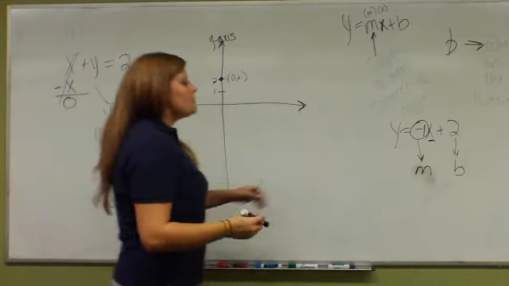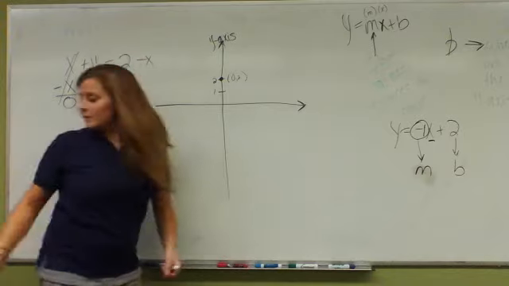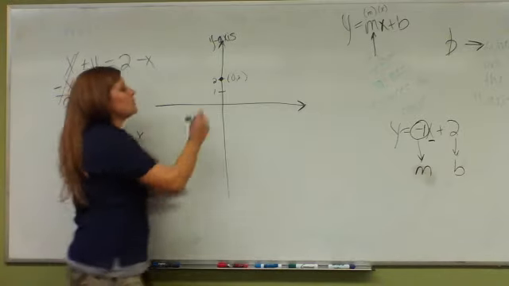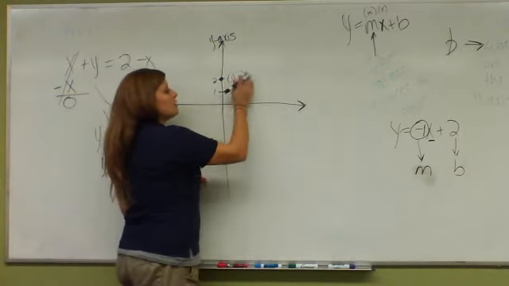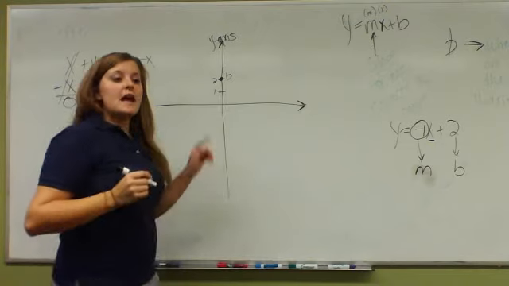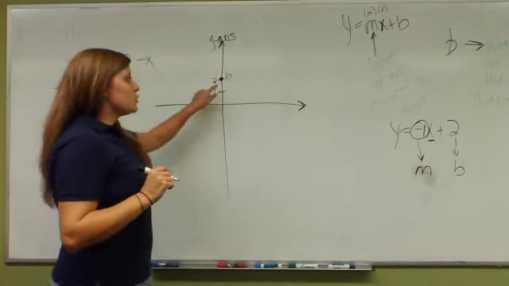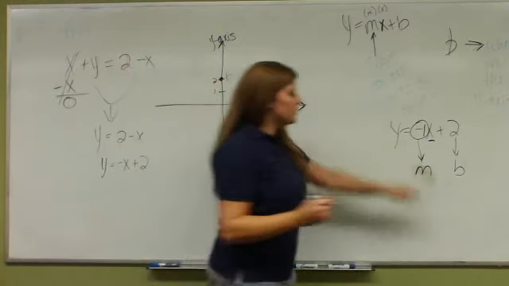So we marked our B, so this point is 2. I'm going to erase my coordinate here. I could also mark it as B, because that is B. What's the B? 2, because we said over here B is 2.